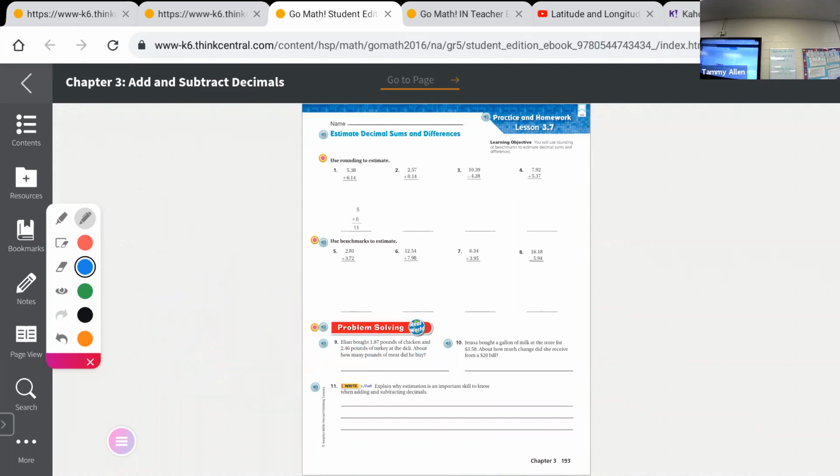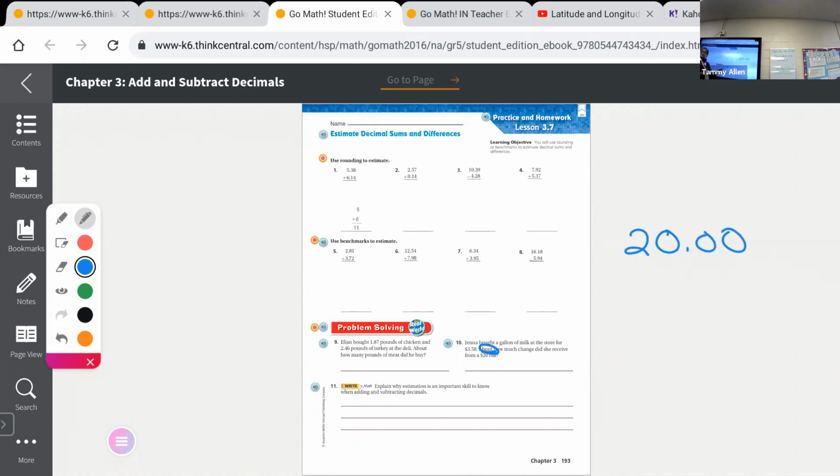Number 10. We want to know about how much change she received. That word about again. She bought a gallon of milk for $3.58. We want how much change she received from $20. I would have used benchmark on this. Benchmark. So we have $20.